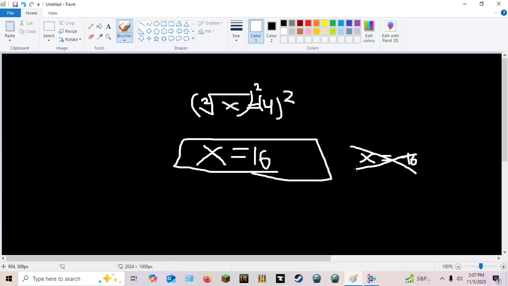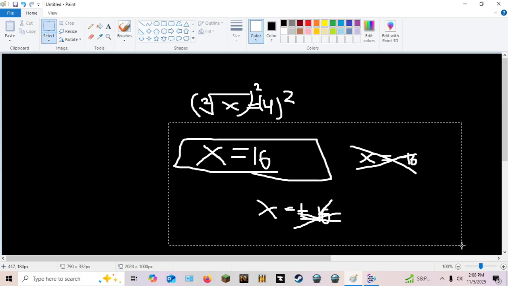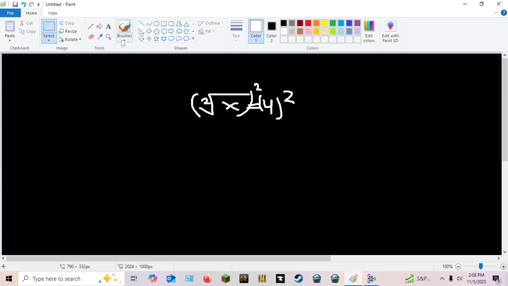This is the wrong one. But x equals plus or minus 16 is the incorrect one too. Okay? So make sure you plug in. The square root of 16 equals 4 because 4 squared is 16. That's true. Let's try another one.